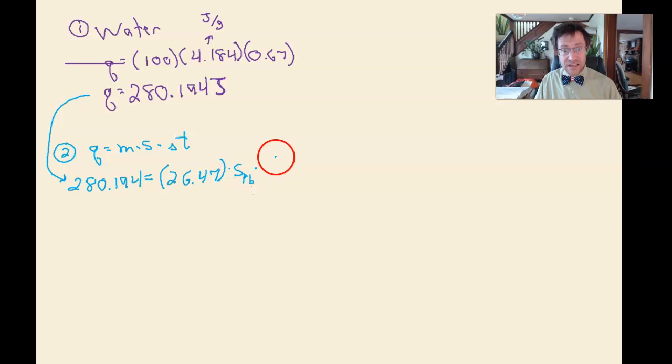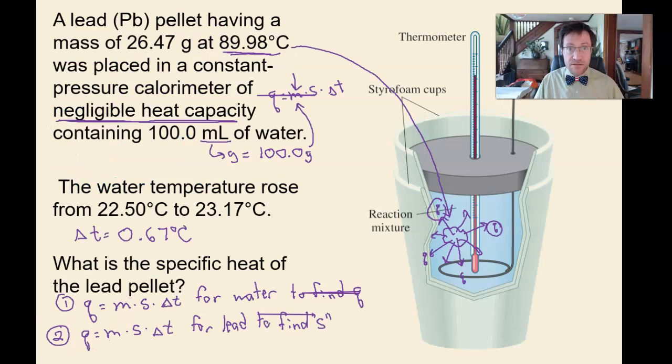Now the delta T, I know what the final is going to be. Delta T is final minus initial. The water temperature started here and ended here. So this is our final temperature of both the lead pellet and the water. The water started at 22 and went to 23.17. The lead started at 89.98 and ended at 23.17.